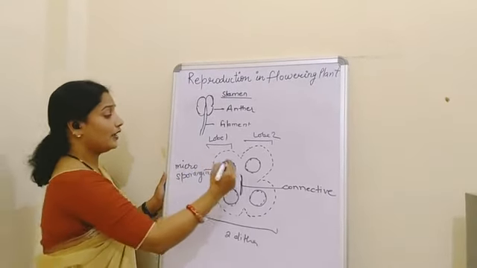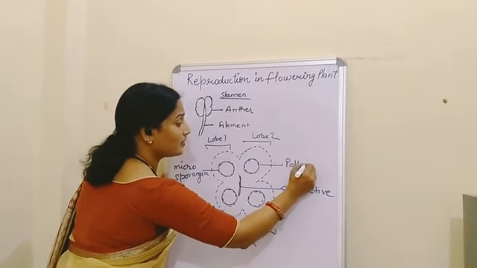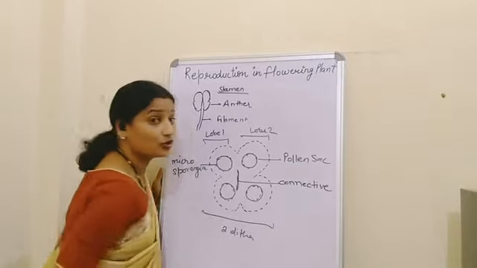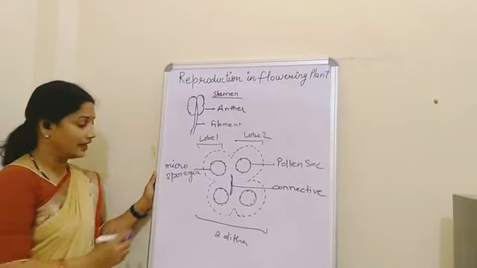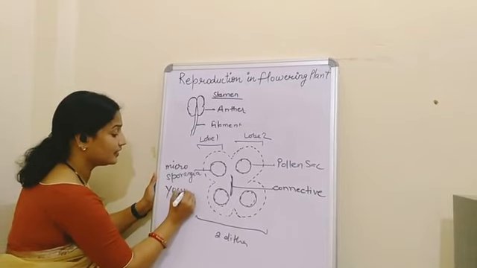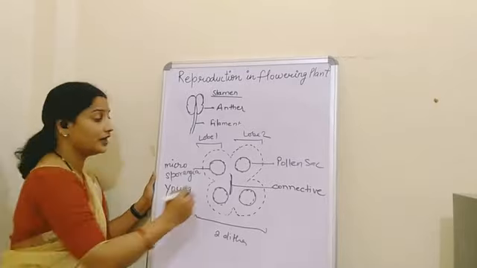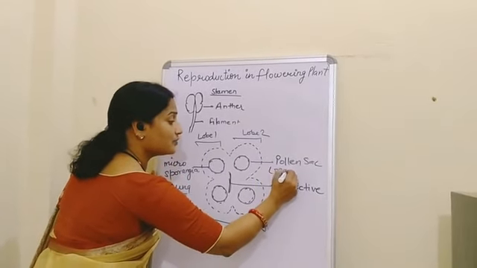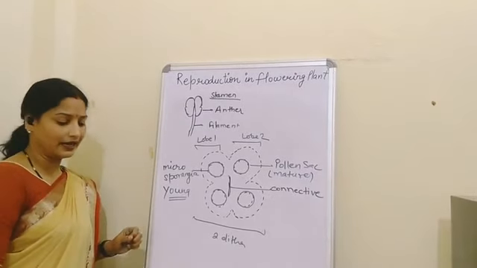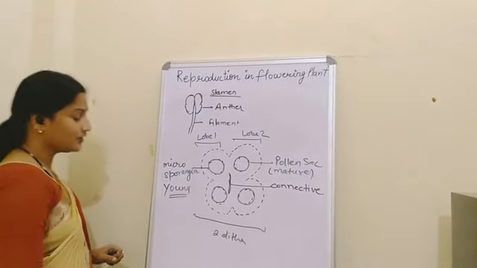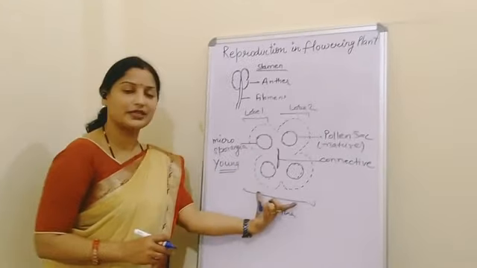And when they become mature, then we can call them pollen sacs. So don't get confused between microsporangia and pollen sac. When the anther is in young condition, it is called microsporangia, and when the anther becomes mature, we can call it a pollen sac. Now, after this, we will study the internal structure of this anther.